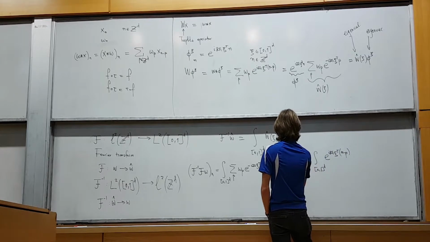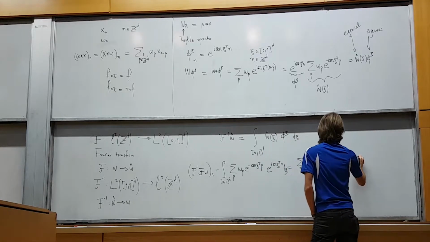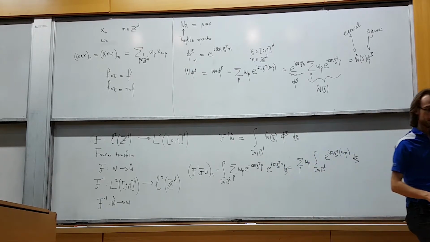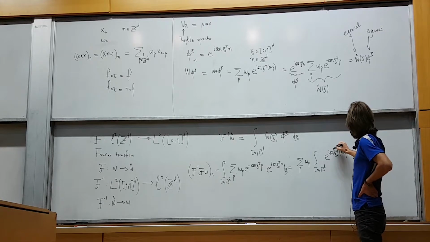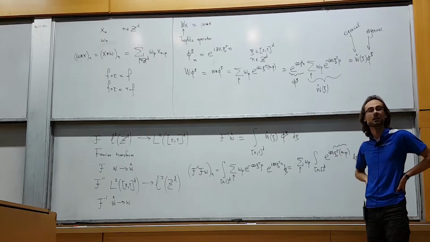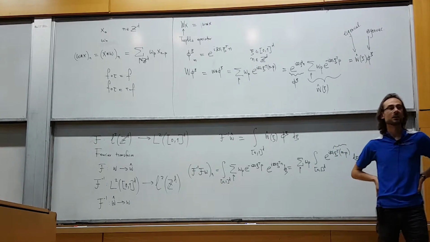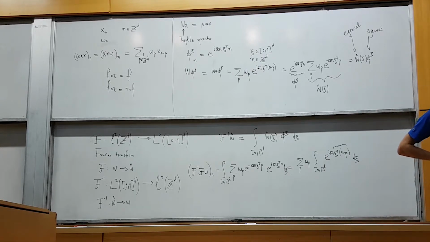I'm missing big psi here. Okay? Now what we have is the integral, so basically a periodic signal, right? Now the periodic signal with, pay attention, with an integer frequency, right? So it's 2π times an integer, okay? And I'm integrating it over the domain [0,1]^d.